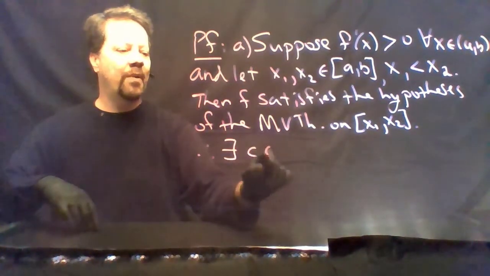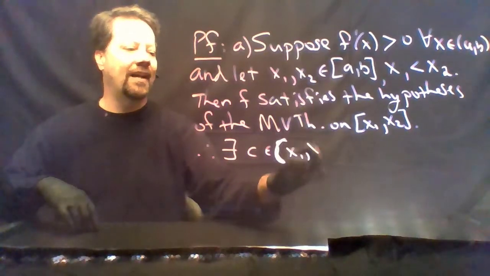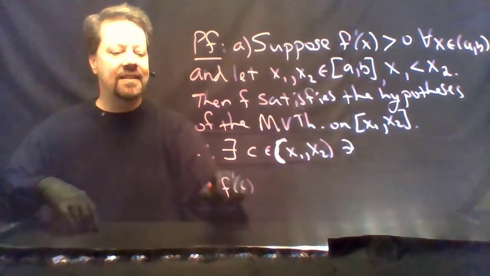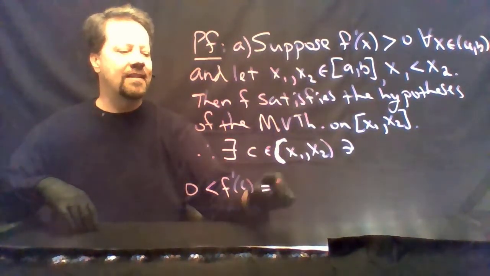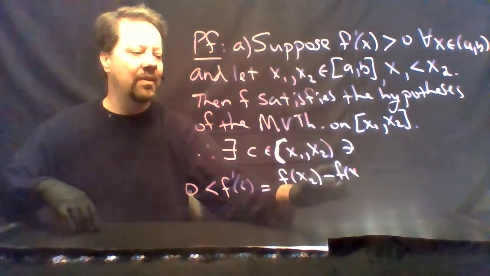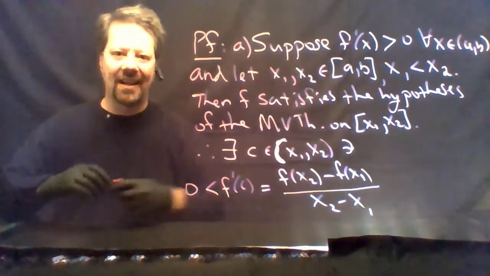Therefore, there exists some point C between x1 and x2 such that the derivative at C, which we know to be positive, is equal to the slope of the secant line, f of x2 minus f of x1 over x2 minus x1.